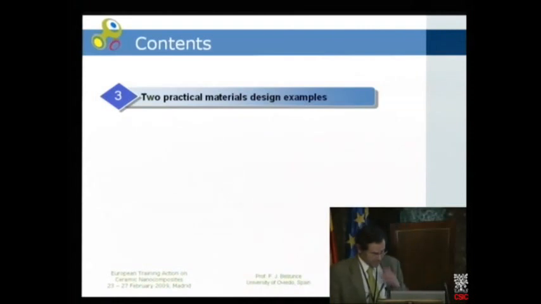After this small overview, let me give you some practical design examples that have been used during the last years in order to develop new creep-resistant materials.